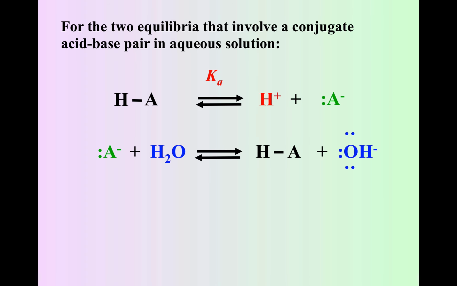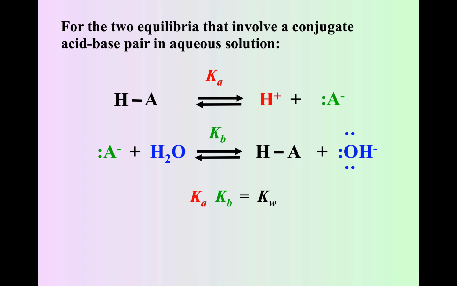A Kb value is how much a weak base gets protonated by water to form hydroxide ion. So a lot of people get confused. They think the Kb value is the inverse or the reverse of a Ka expression. No, that's not the reverse of a Ka expression. So a Kb value is something very specific. When you put it in water, water protonates the weak base to form hydroxide.